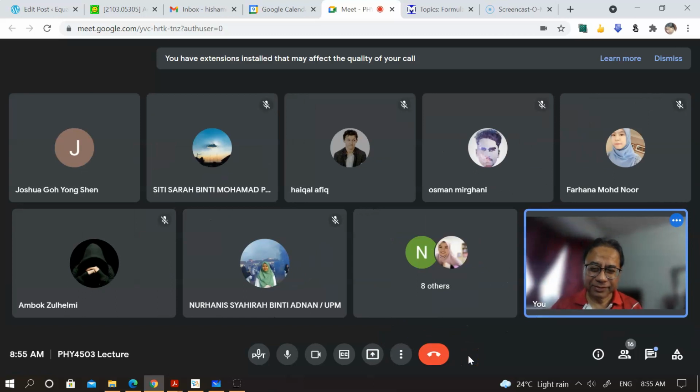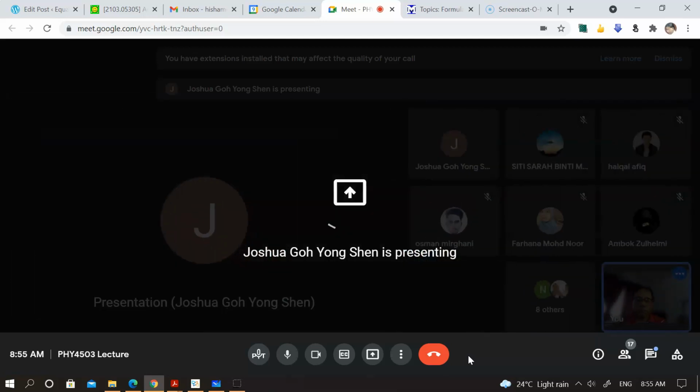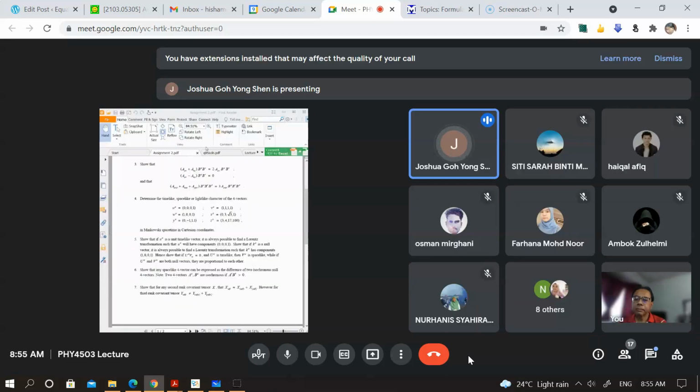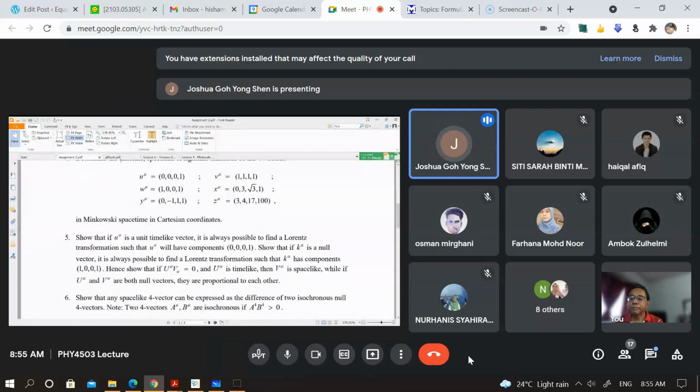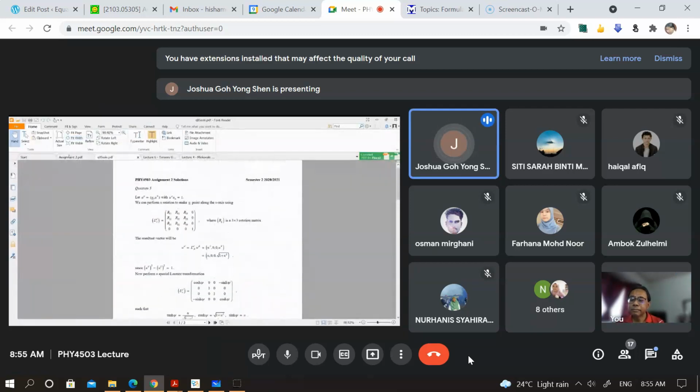For question 5, it states that it's a unit time-like vector.